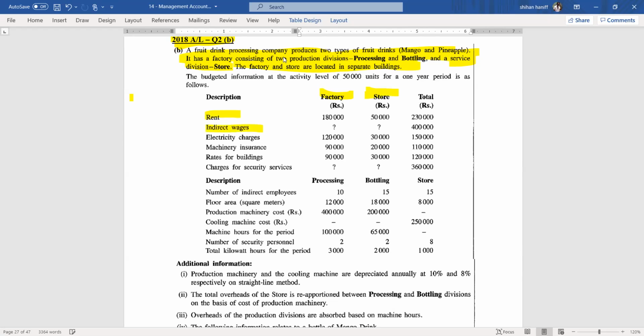Factory, store: rent, direct wages, electricity charges, insurance, rates for building, charges for security services.